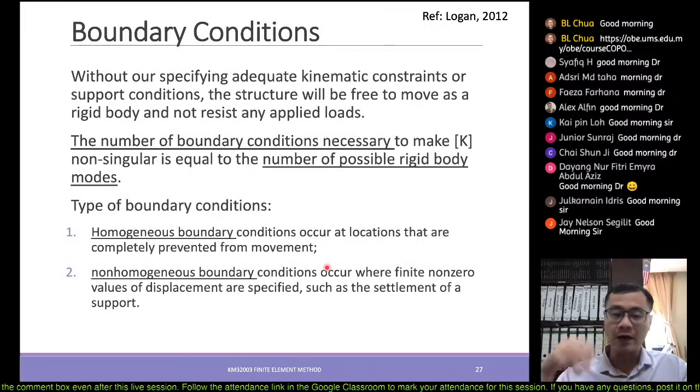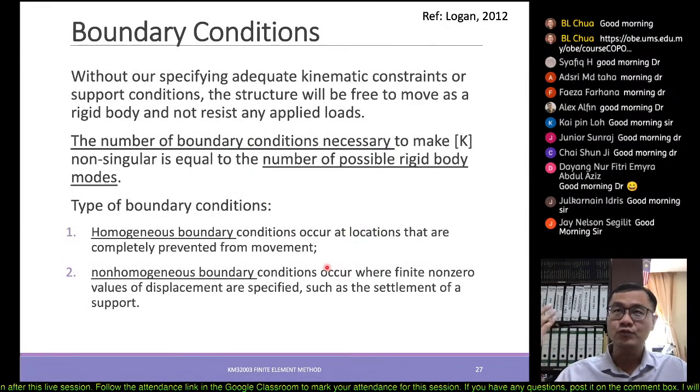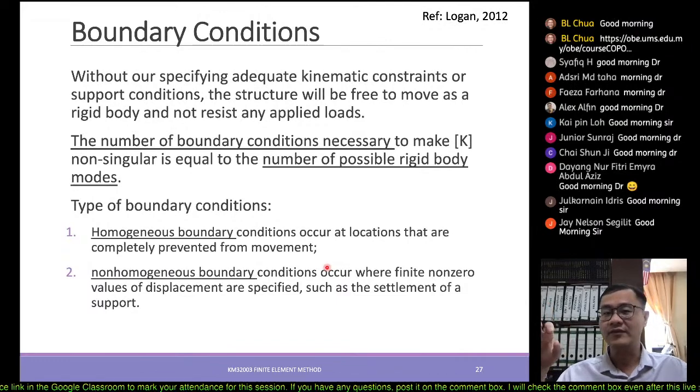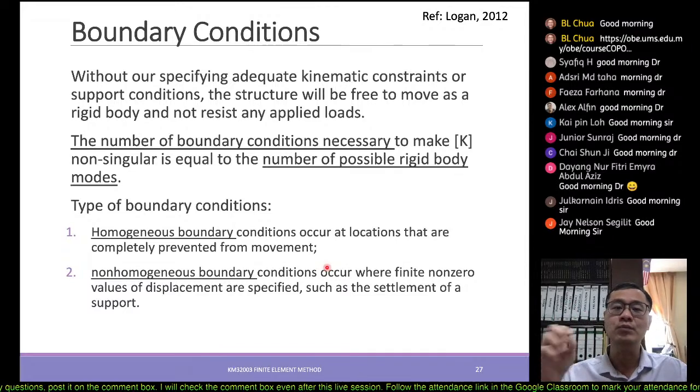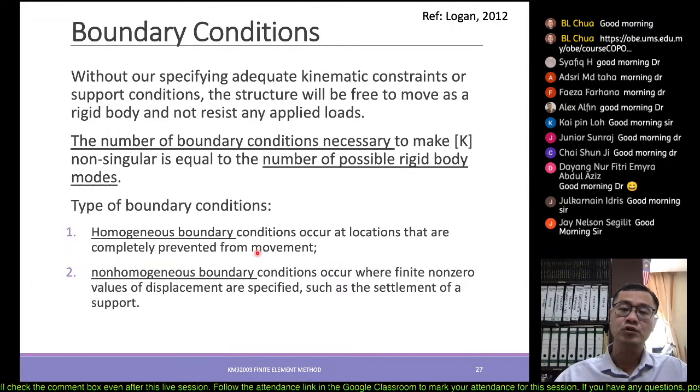Based on that, as we are aware, even in the quiz question I asked, whether boundary conditions are applied before assemblage or after assemblage. After you assemble it, only then do we put in the boundary conditions. There are two types of boundary conditions.